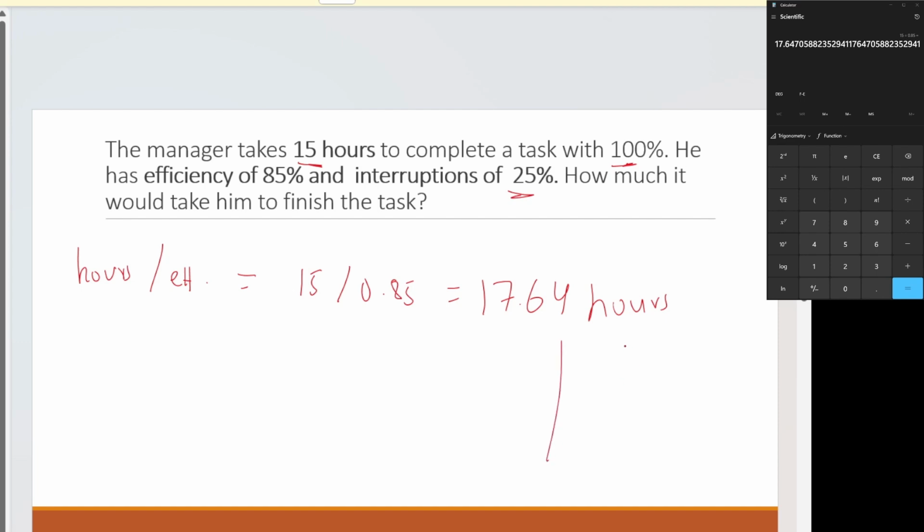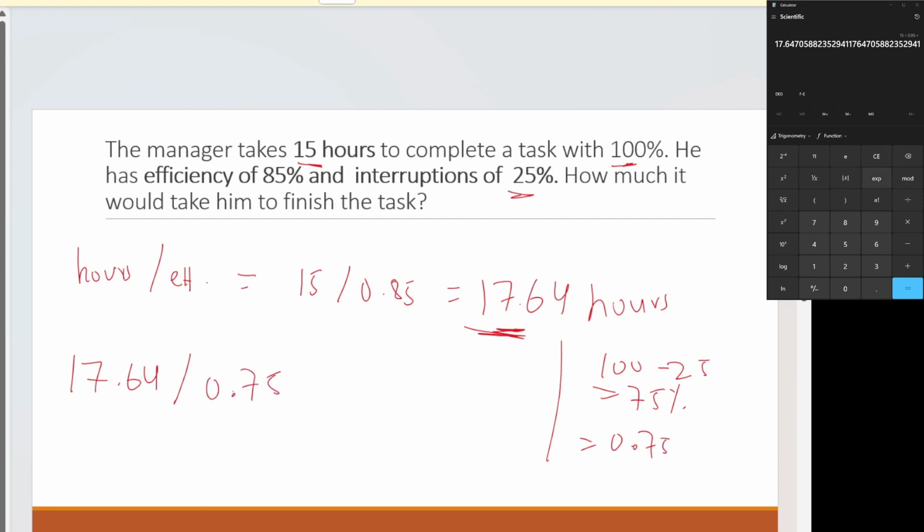Now to look at interruption as well. For that, 100 minus 25 gives me 75%, which is 0.75 in decimal. I'm going to take the hours I received, 17.64, and divide it by the interruption percentage, 0.75.